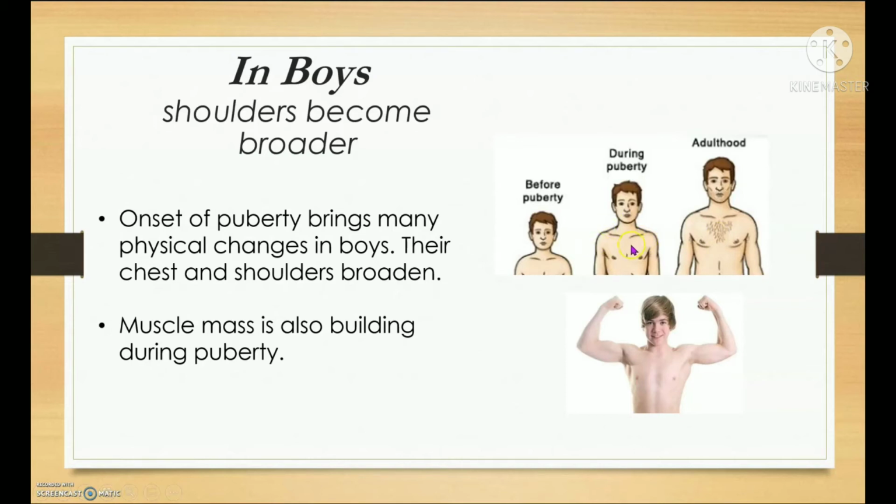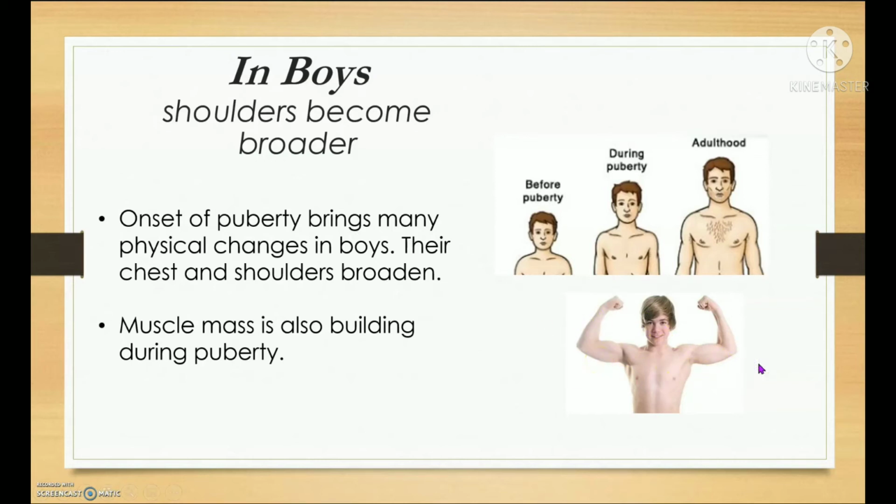Okay, so during this time, the boys will also notice the development of their muscle mass. Boys will become taller. They will form muscles and become stronger, especially the upper part of their body.